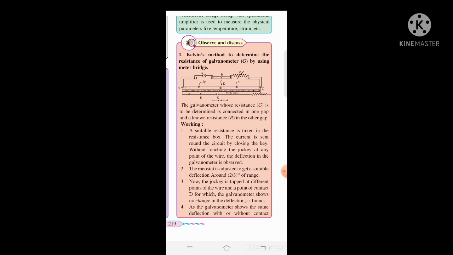Using that construction, how do we calculate the resistance of a galvanometer using a meter bridge? That is the working of Kelvin's method to determine the resistance of galvanometer.